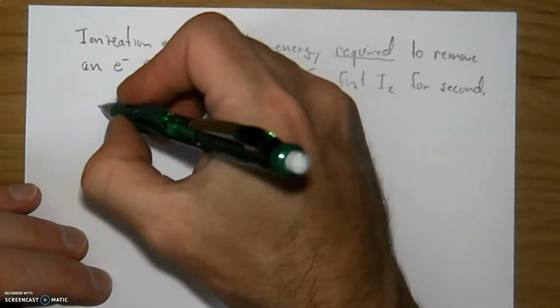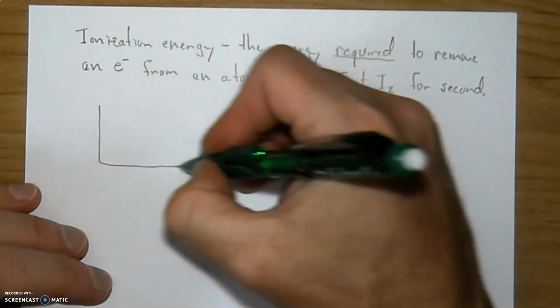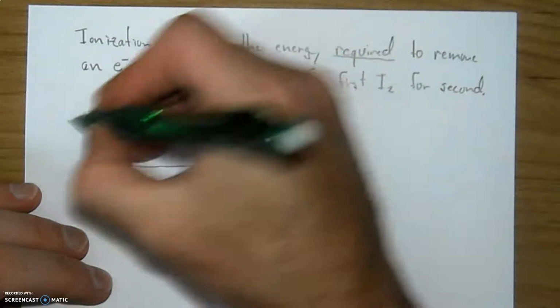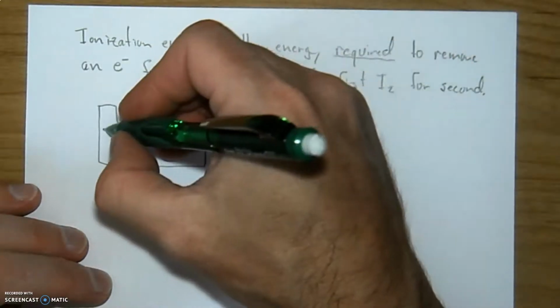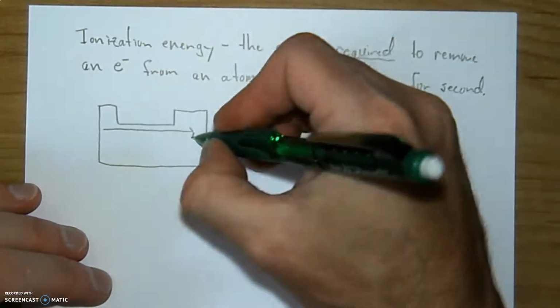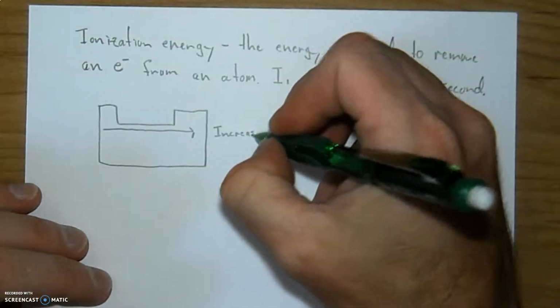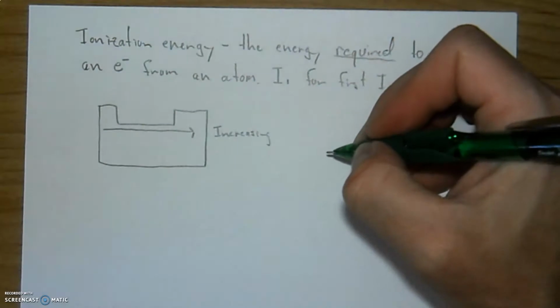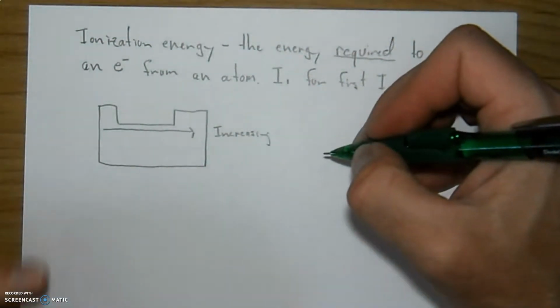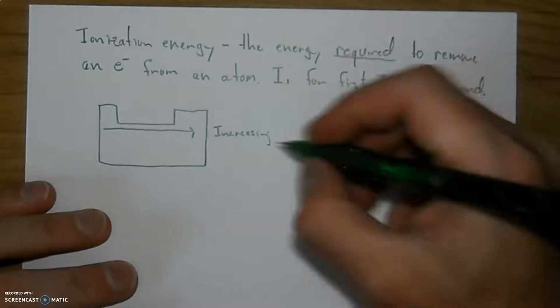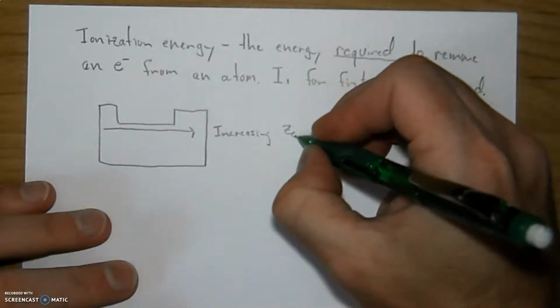And just as a general trend, and we're going to go over some slides here in just a moment, on our little periodic table, generally going in this direction, it is increasing. And rhetorically, I would ask, why would you say the ionization energy is increasing going from left to right? And if you said Zeff, you are 100% right.